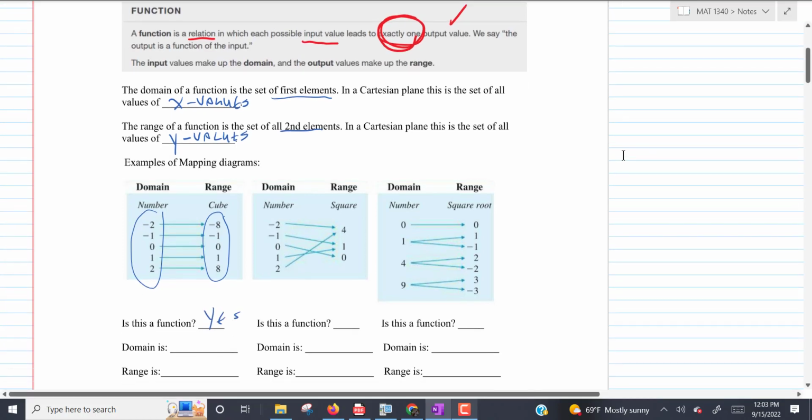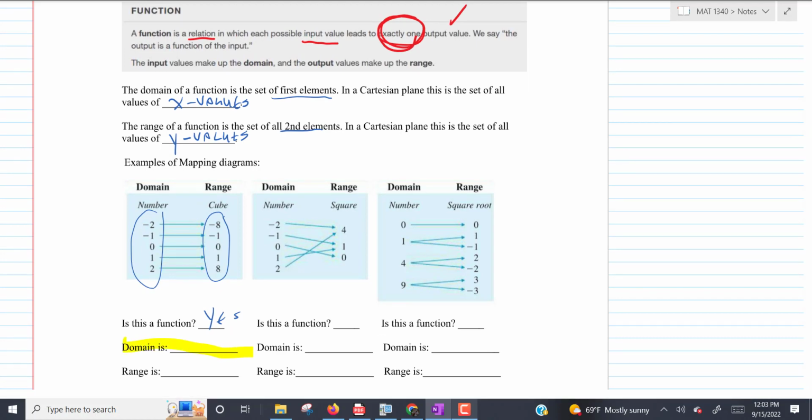All right. So the domain's real simple. The domain is going to be all of these first values. The way you write this is, you use what we call set notation. So you do a brace, and then just list them: -2, -1, 0, 1, and 2, like that. That's how I want you to write the domain. Typically we just list the elements, okay?